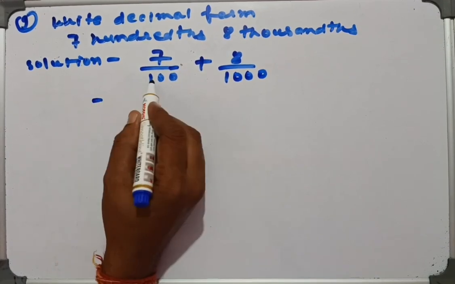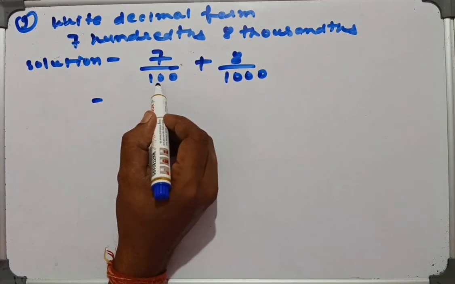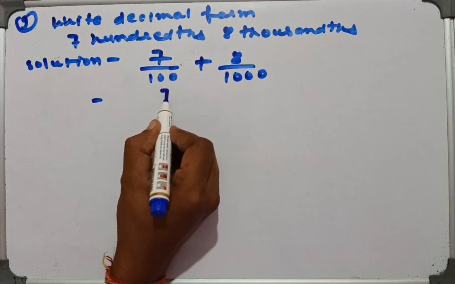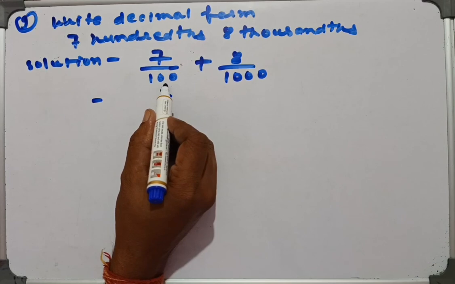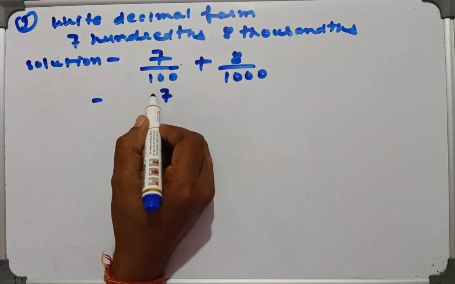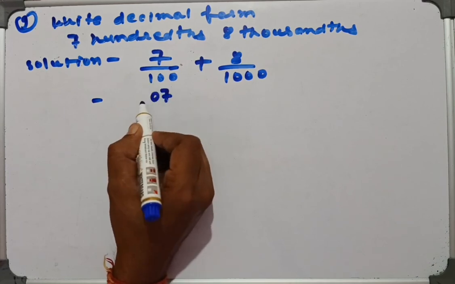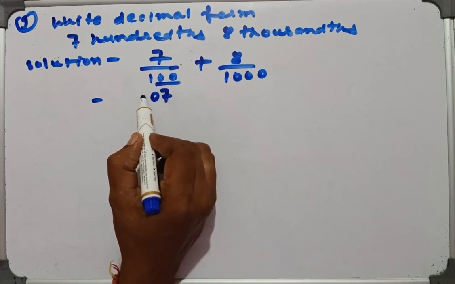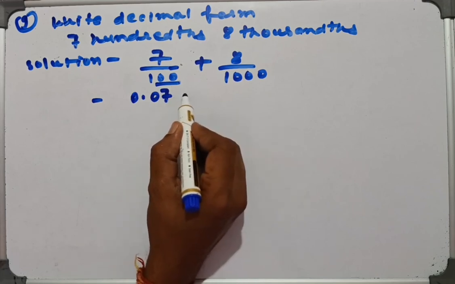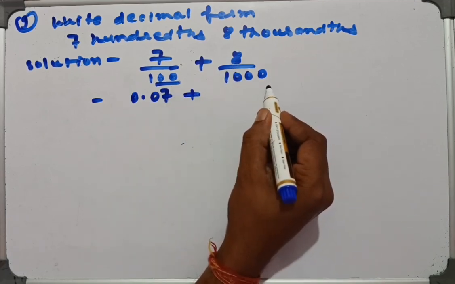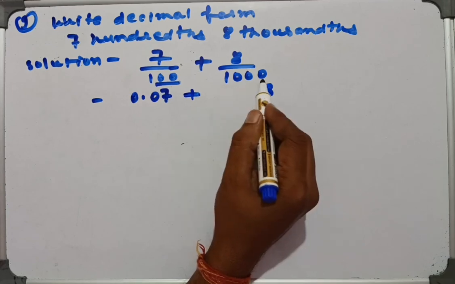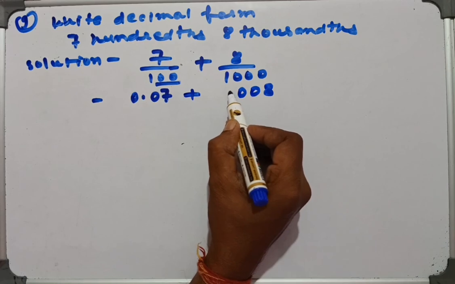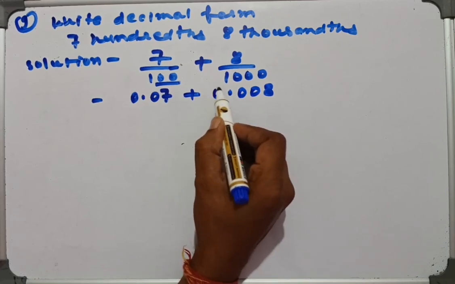Now see, there are 2 zeros in the denominator, so we write 7, then move from extreme right to left, put another 0 here, so we have 07 and put a dot. For the other one we write 8, there are 3 zeros, so 8, then 0, again 0, then a dot.